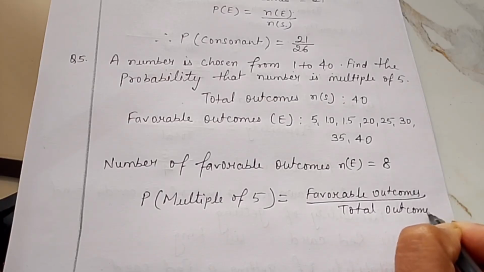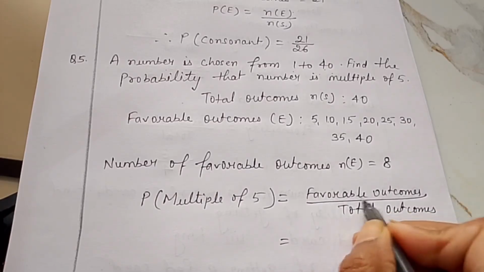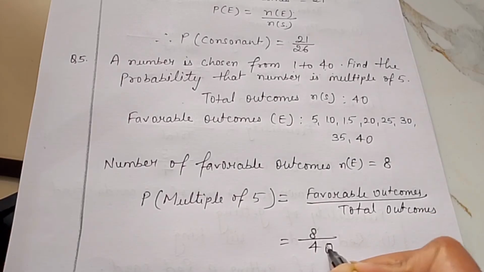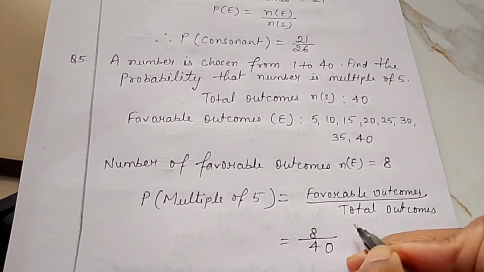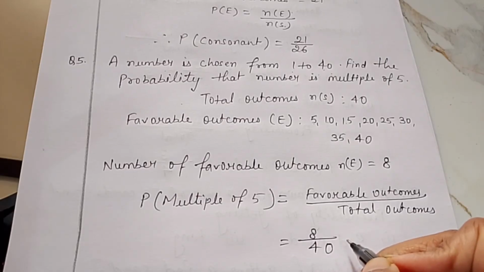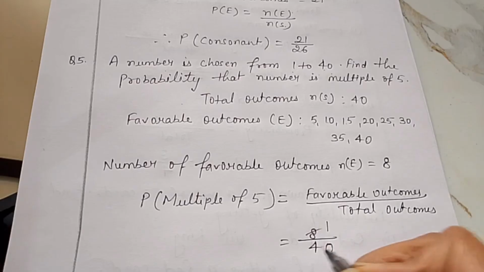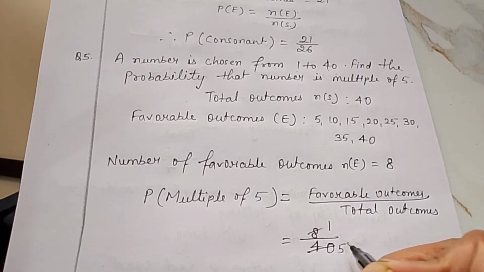Number of favorable outcomes is 8 divided by 40. Both numbers are divisible by 8. 8 ones are 8. 8 fives are 40. So the answer is 1 by 5.